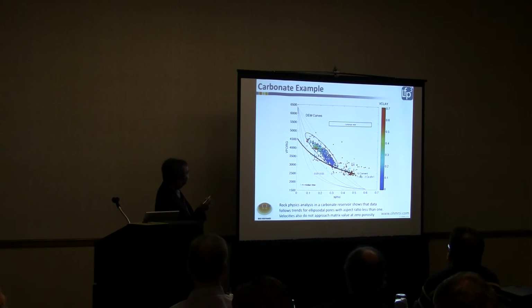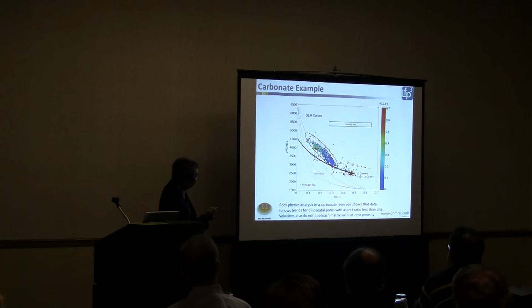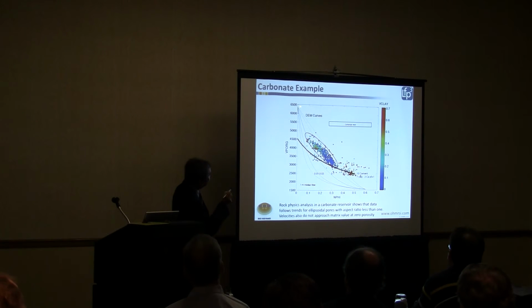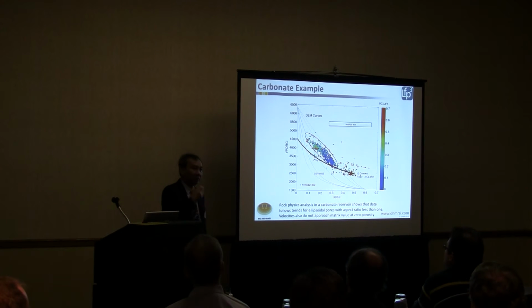Now, on here we actually plotted various DEM curves, or differential effective media, for different pore shapes of different aspect ratio, 0.01, 0.03, 0.1, 0.3. And this is a carbonate well. Two things. One, you can see that this block doesn't lie on the aspect ratio alpha equal to 1, which means they don't lie on spherical pores.